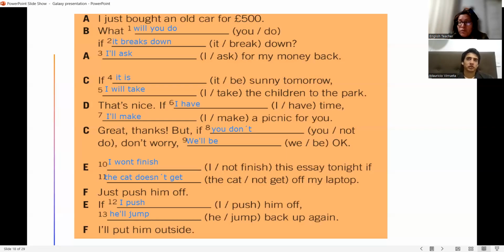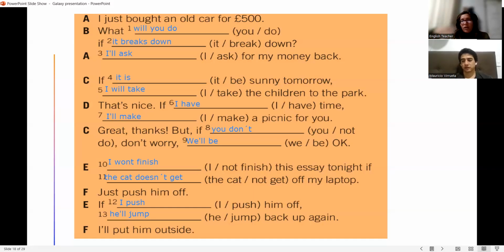Also, for example, if you want to get the loan, you need to send me your financial statements first, because this is a rule. It's not a possibility.